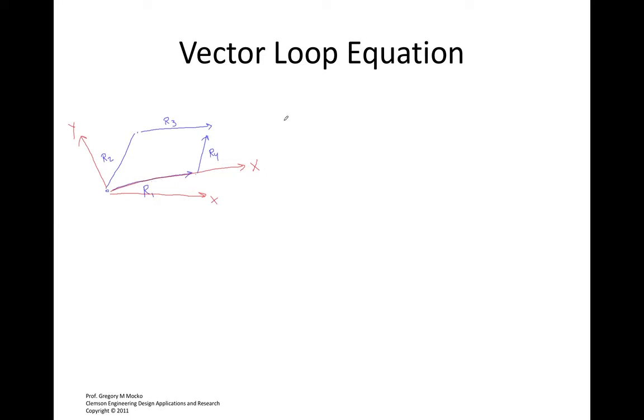So what I know is it's going to be R2 plus R3 minus R4 minus R1. That's theta 2. Okay, what I'm going to have to do is draw a line here. That's horizontal. I start at this horizontal line.